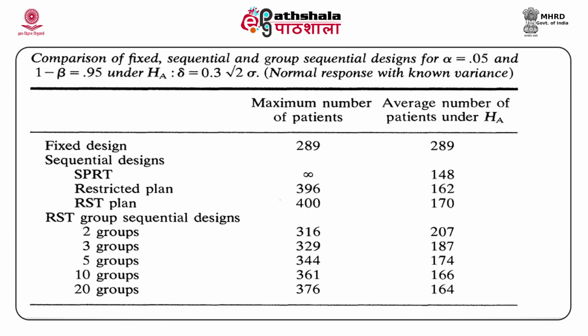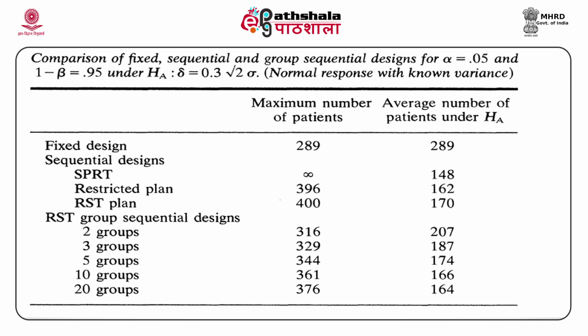In general, the statistical literature on stopping rules has been predominantly concerned with continuous sequential designs. In this table, we see the maximum number of patients and the average number of patients under the alternative for the fixed design and various sequential and group sequential alternatives.